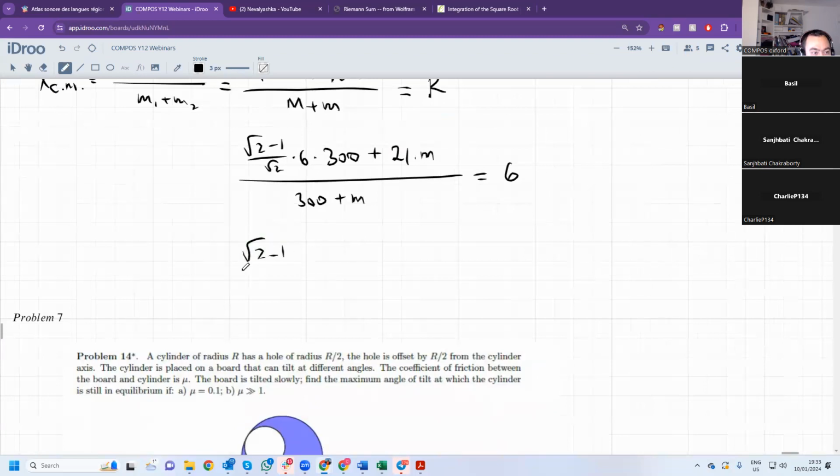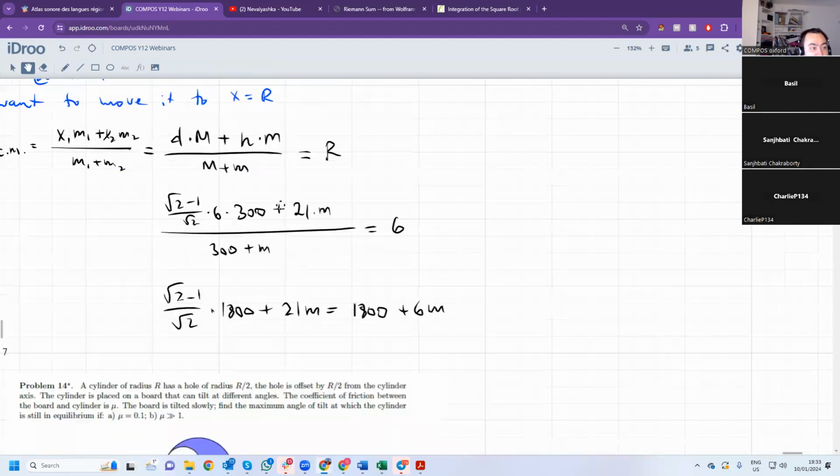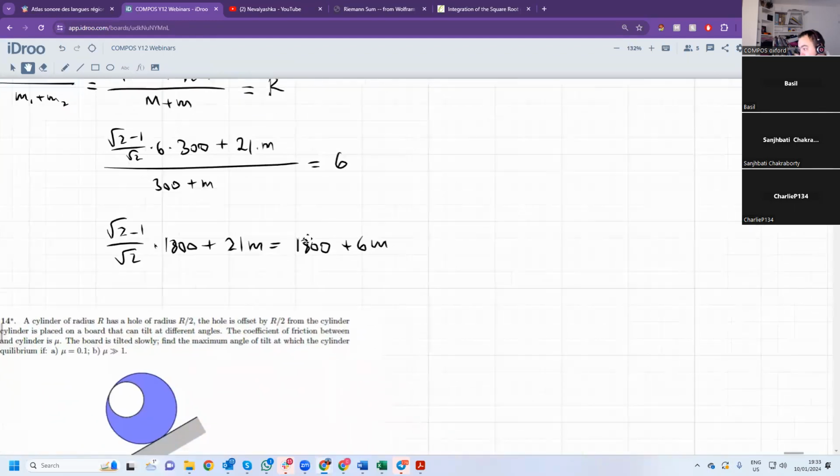Square root of 2 minus 1 over square root of 2, multiplied by 1800 plus 21m, equals 1800 plus 6m. No, because I'm being consistent. I'm using centimeters and grams, so it doesn't affect anything.